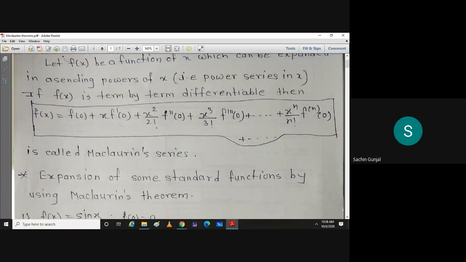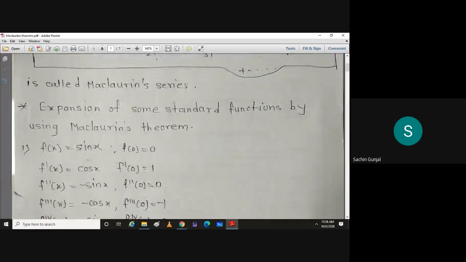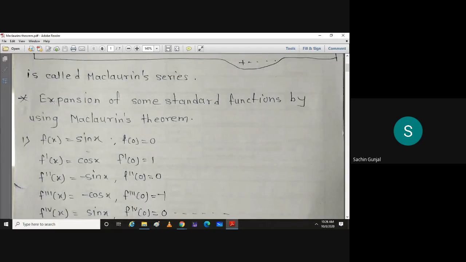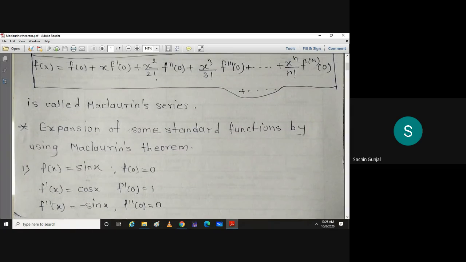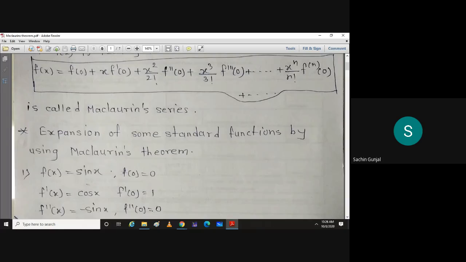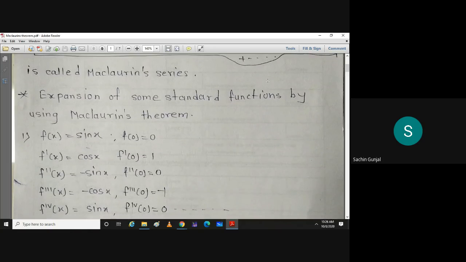So let us find out some standard series. Find the series of sine x. To find the series of sine x, what we should know is f of 0, f dash 0, f double dash 0, third derivative at 0, and so on. At least the first few terms we should find.